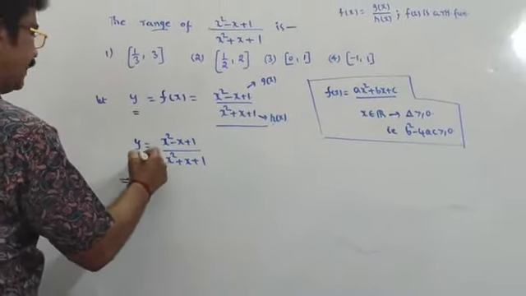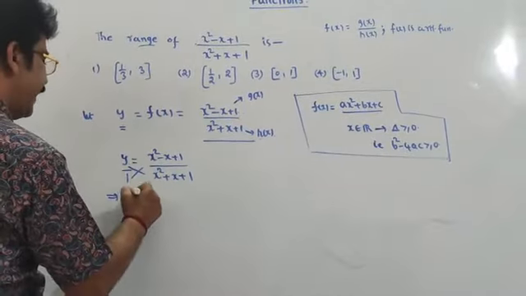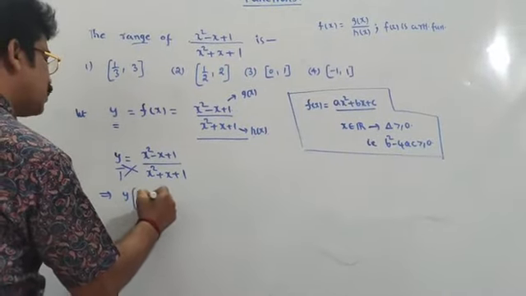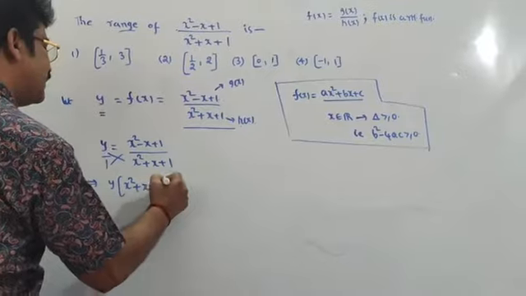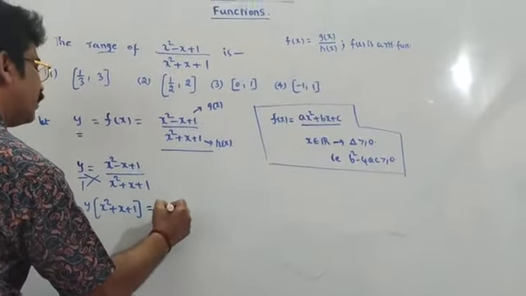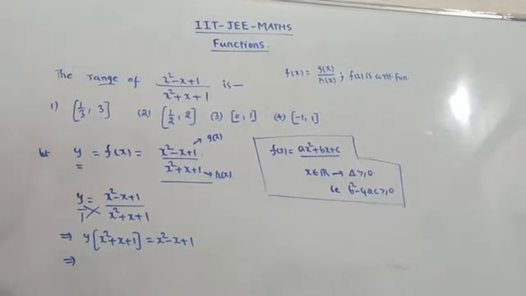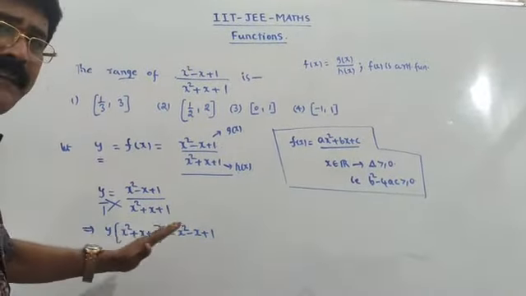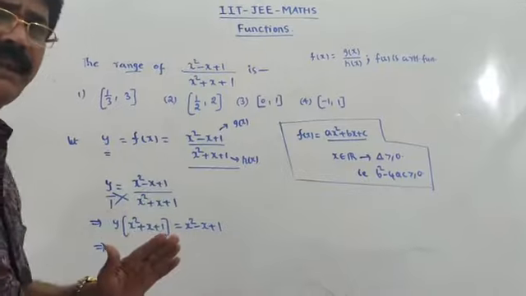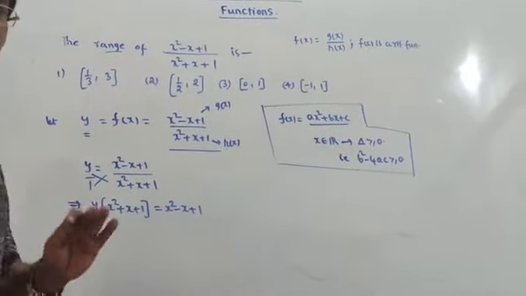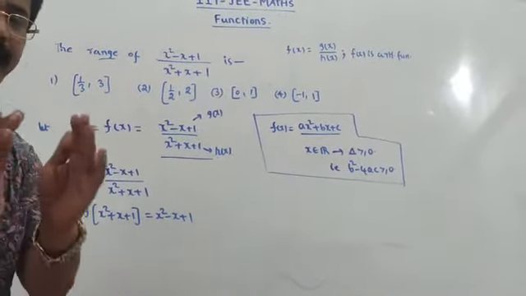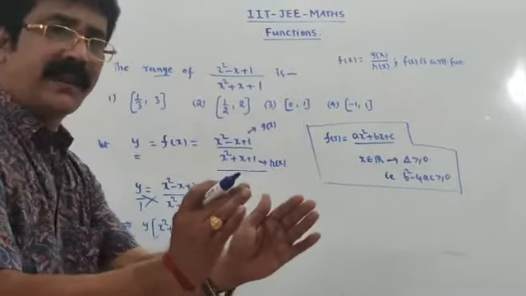By cross multiplication we get y into x square plus x plus 1 is equal to x square minus x plus 1. So let us try to write a quadratic equation in terms of x, meaning x square something, x something, and a term independent of x.